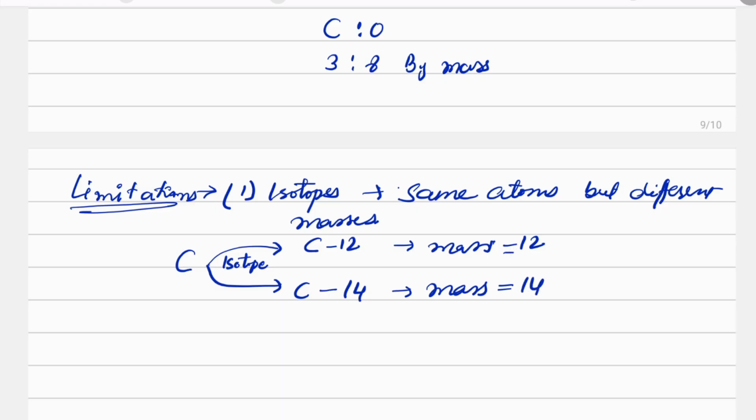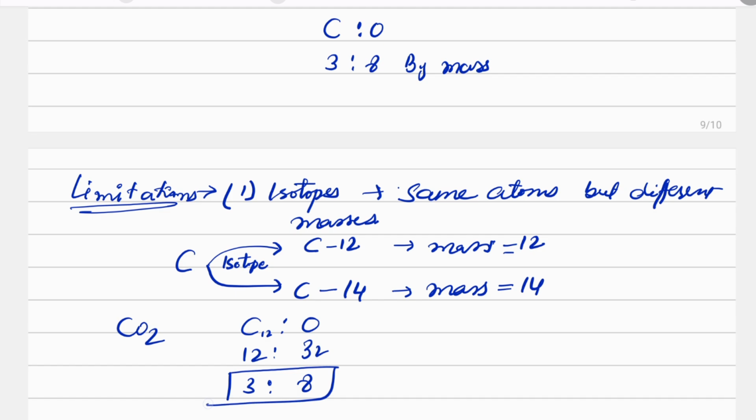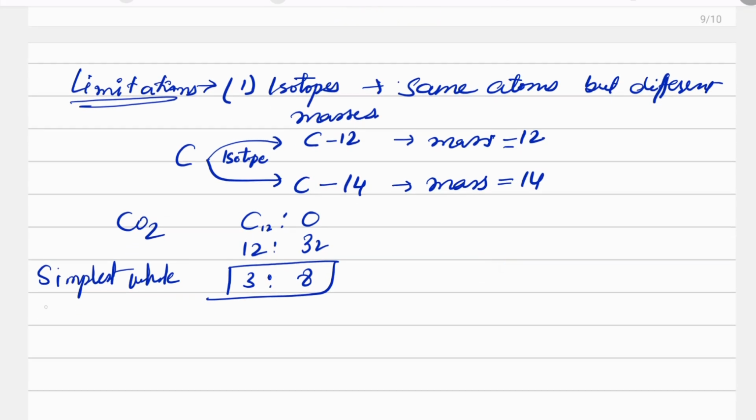If we take carbon dioxide with carbon 12, that is 12 to 32, its ratio becomes 3:8. This is the simplest whole number ratio.